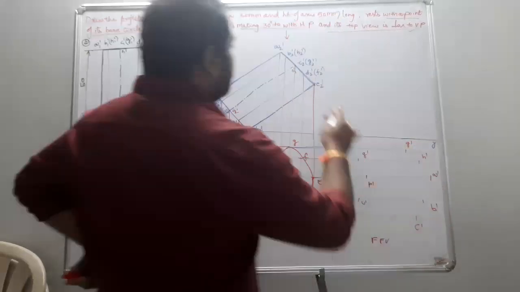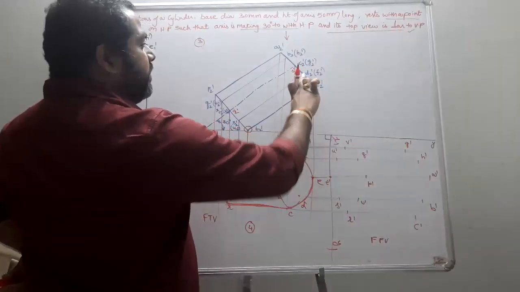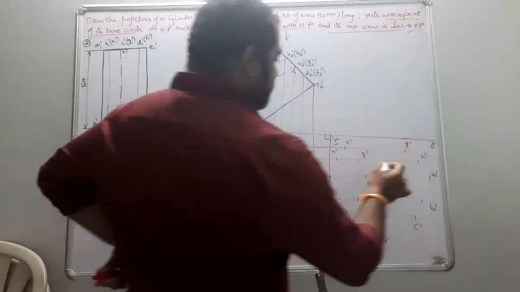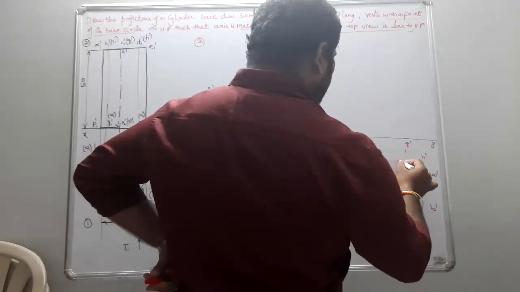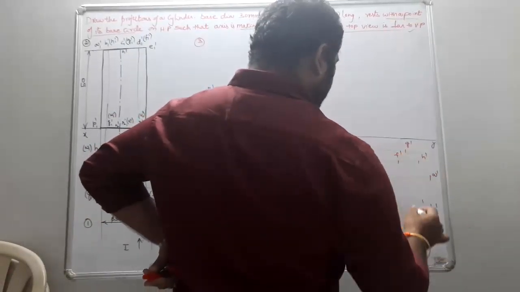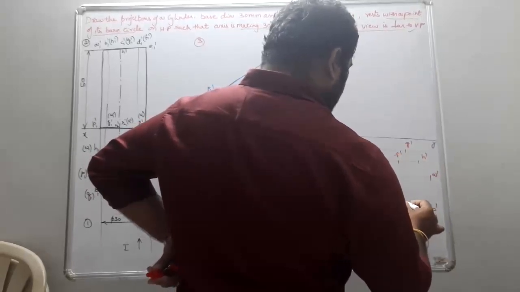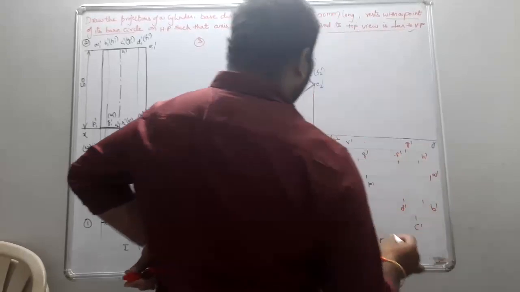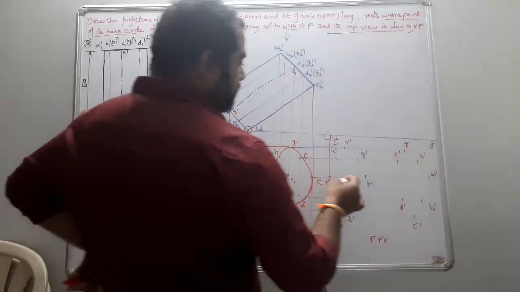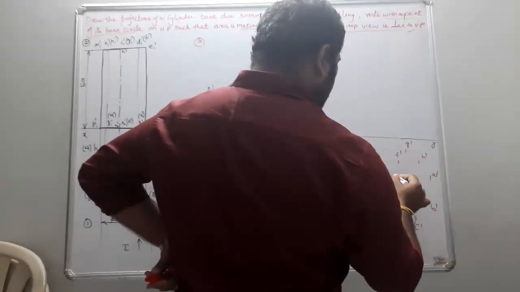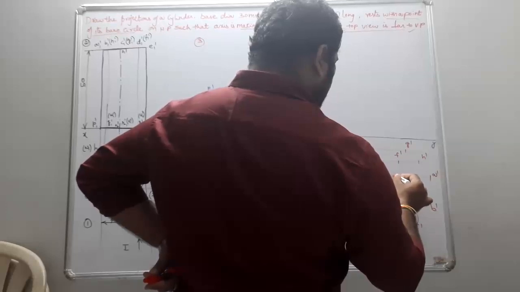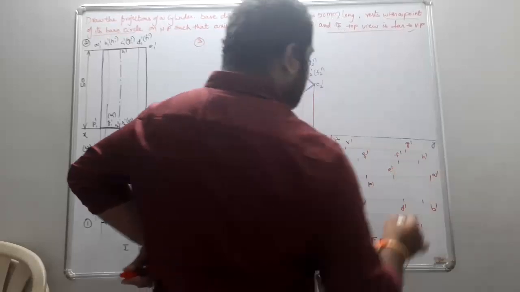This becomes G dash. And from here D dash and F dash. F dash. And this is D dash. And finally E dash. So this becomes E dash.